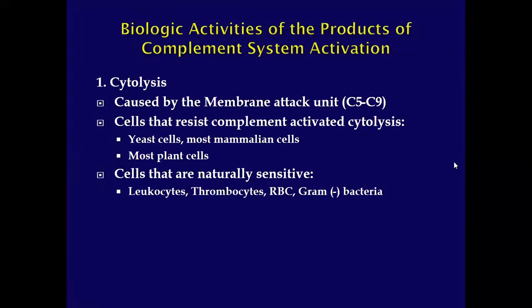Okay, so what are the biologic activities of the products of complement system activation? Primarily, cytolysis or cell destruction, again caused by the membrane attack unit or membrane attack complex, MAC or MAU. Cells that resist complement-activated cytolysis are the yeast cells, most mammalian cells, and most plant cells.